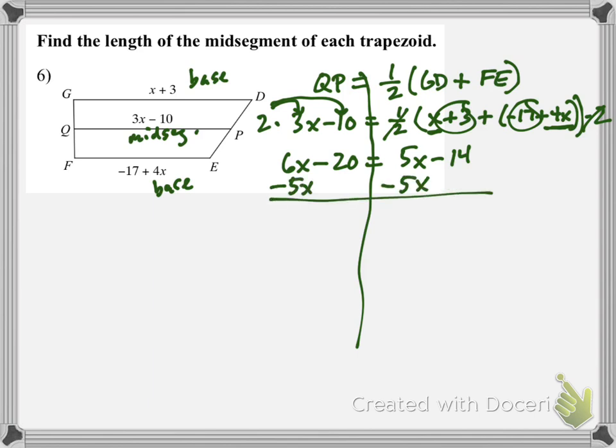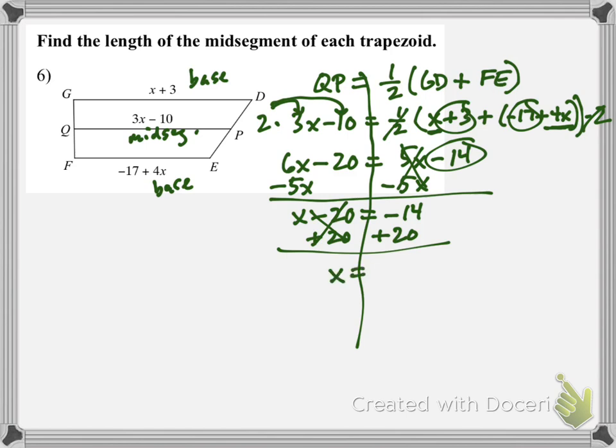So I have x minus 20. Now, that's negative 14, so negative 14 has to come down. Add 20, x equals 6. Now, you got to read the directions, because the directions say find the length of the midsegment.